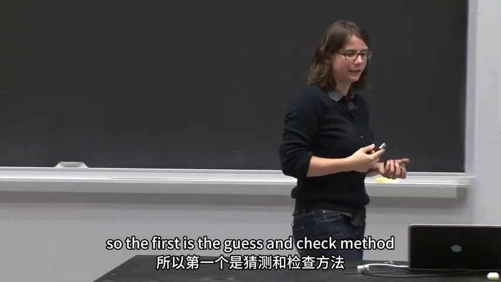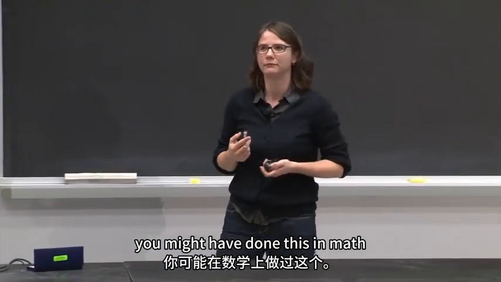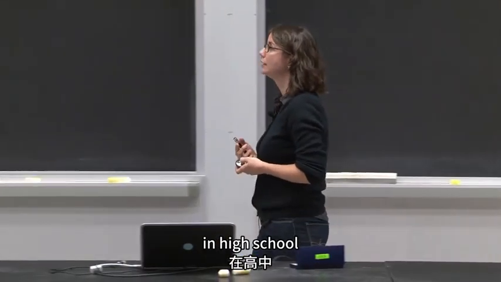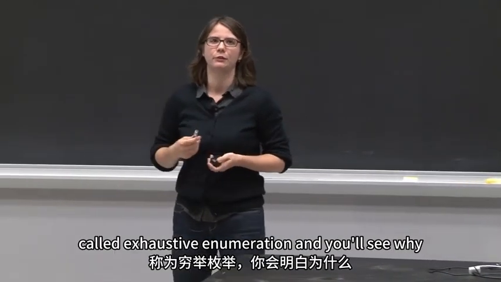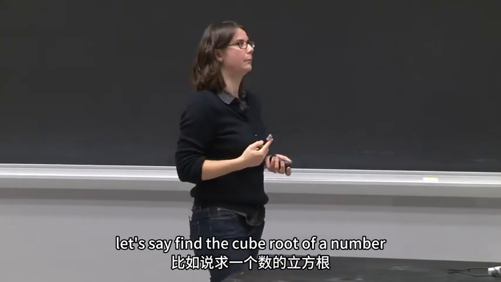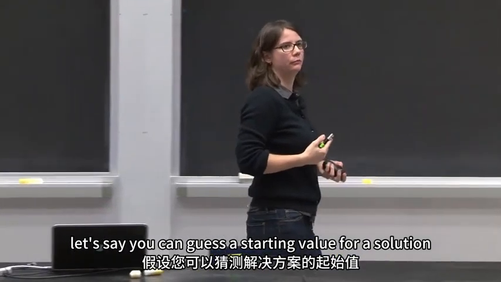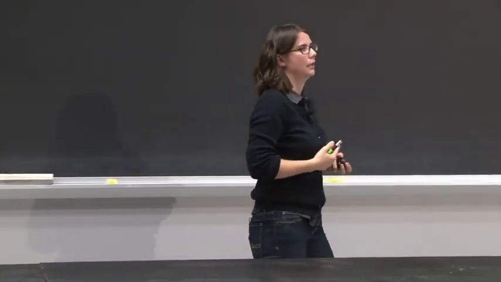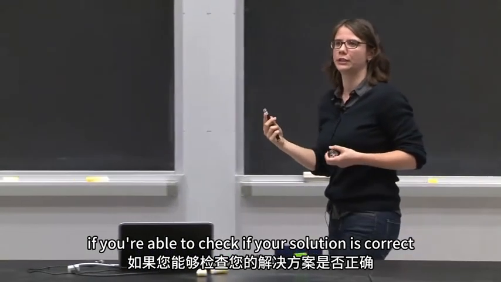So the first is the guess and check method. Okay, you might have done this in math in high school. The guess and check method is also sometimes called exhaustive enumeration, and you'll see why. So given a problem, let's say find the cube root of a number. Let's say you can guess a starting value for a solution. The guess and check method works if you're able to check if your solution is correct.